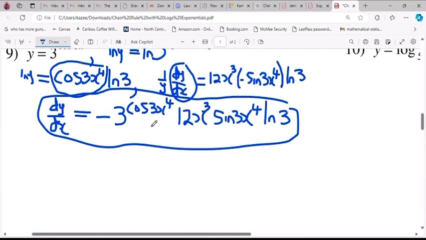Like here, I can decide to break this 12 into 3 times 4.